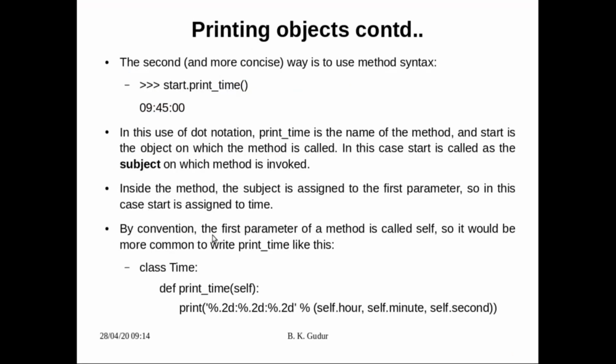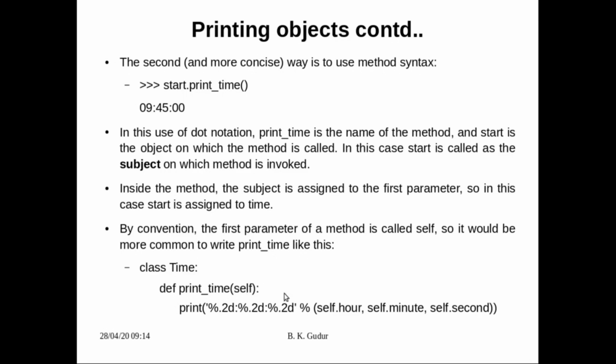By convention, the first parameter of the method is called self. Normally, self means the first parameter of the method. It's a convention to call that first parameter self. So it would be more common to write the print_time method something like this. This is a class definition, class Time. Inside that is the method definition, def print_time. Instead of giving any other name to this parameter, the first parameter name will be self.